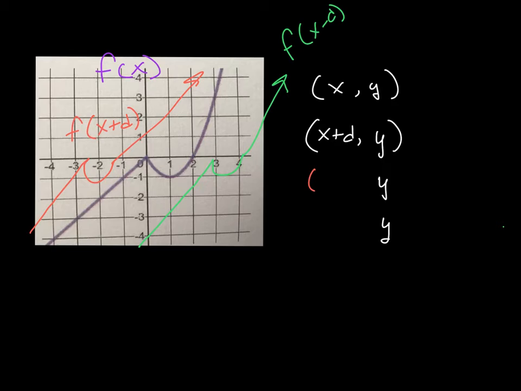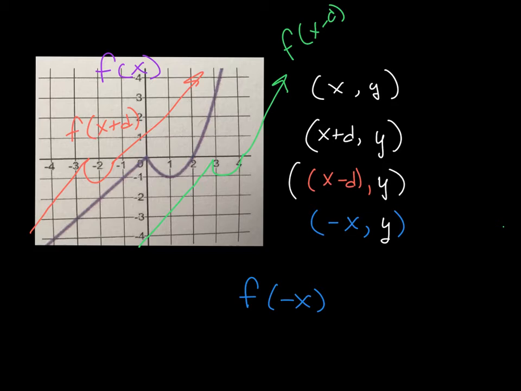Inside here, it would be subtracting whatever that value was around the y. And if it was the last one, f of negative x, then that x value would just change its sign.